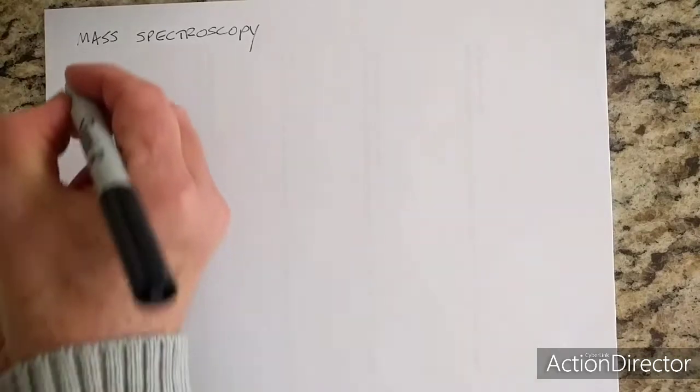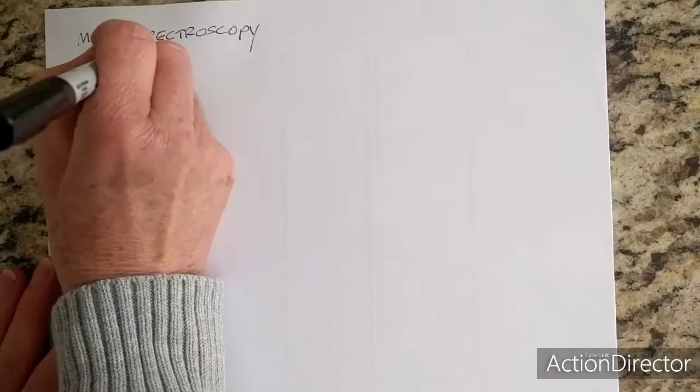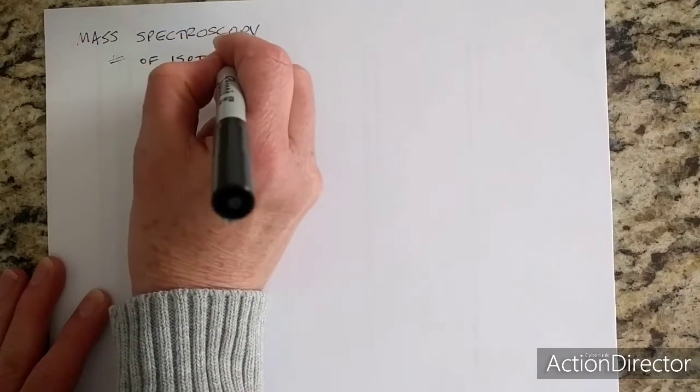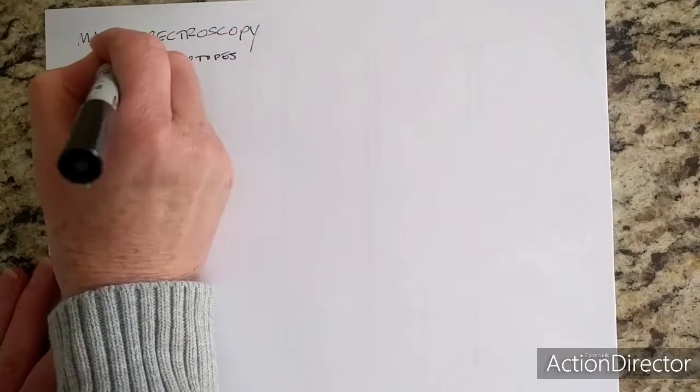So when we have a mass spectrometer, we have a sample of an element, we put it in the instrument, and we get three pieces of information. So we get the number of isotopes of the element.